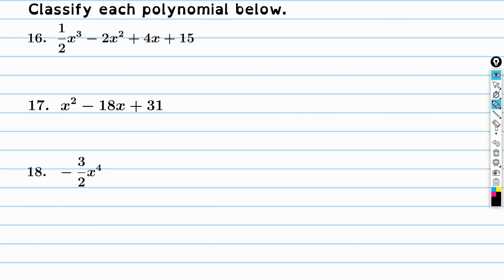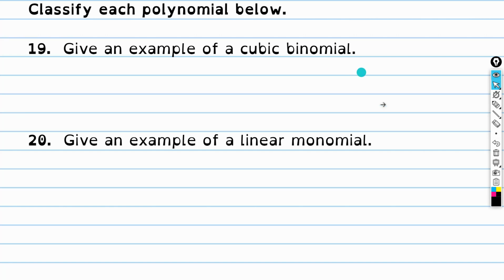So for the next 2, you're actually going to have to create your own. So if I want a cubic binomial, that means I have 2 terms and third power is my highest. So I'm going to do something with x to the 3rd power, but I need to either add or subtract something else.